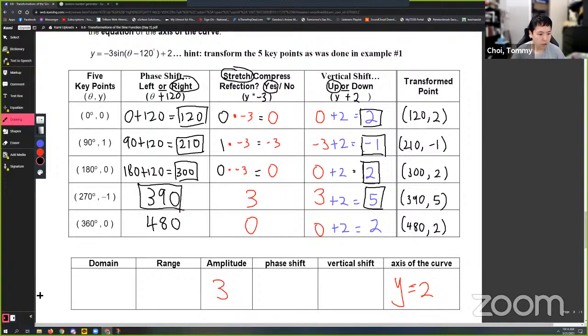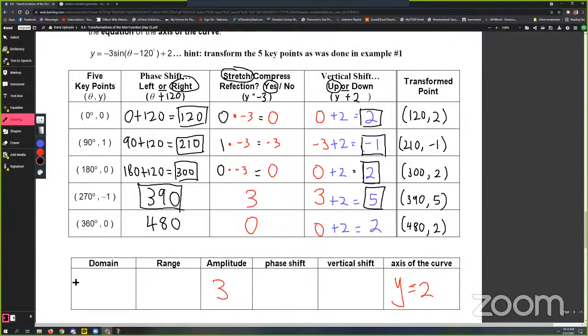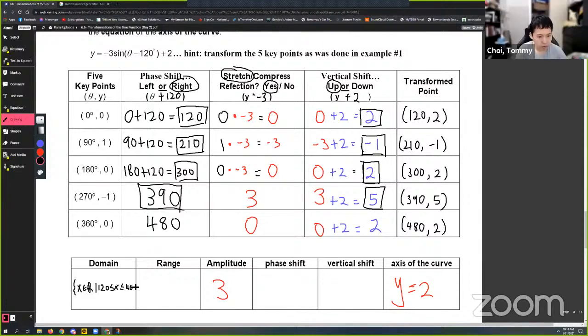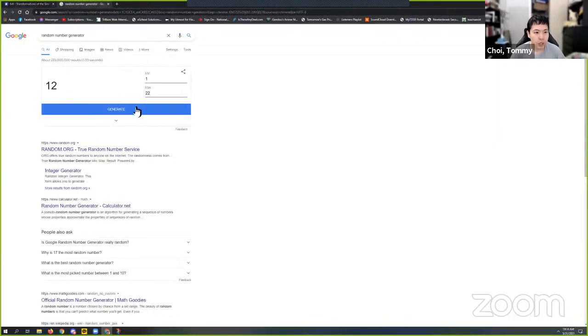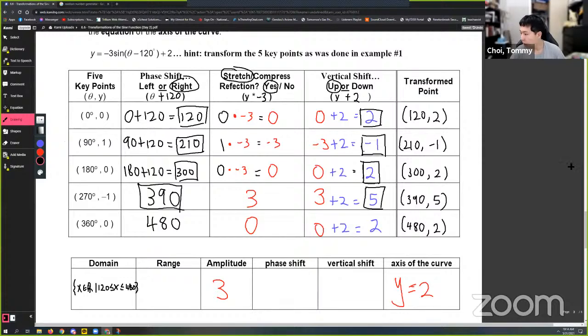What is the domain of this sinusoidal function we have here? x is an element of real numbers such that x is greater than or equal to 120, but is less than or equal to 480. Perfect. That's great. Thank you very much.